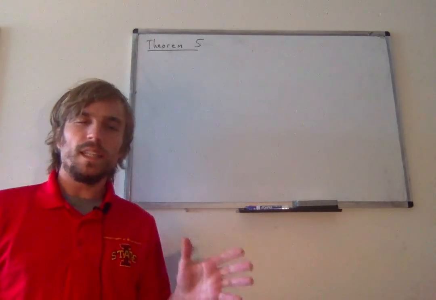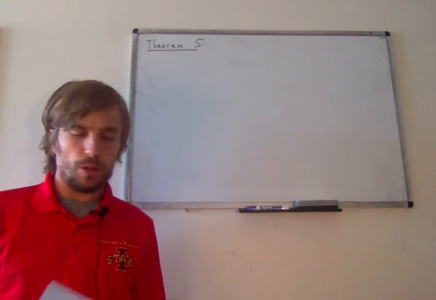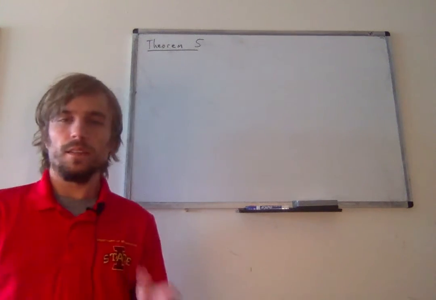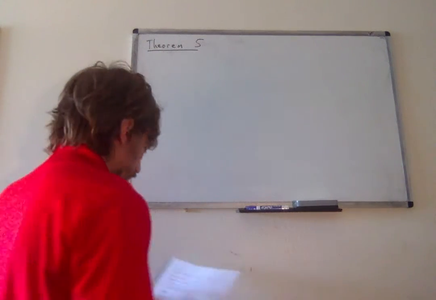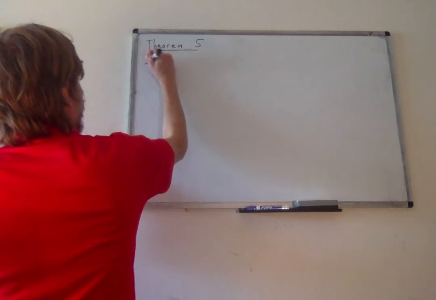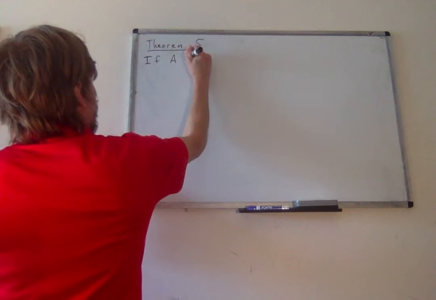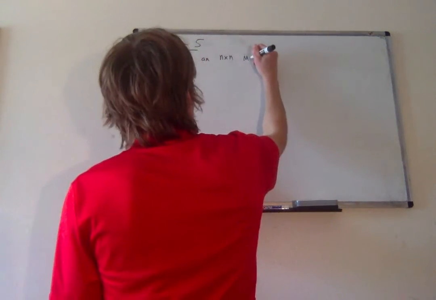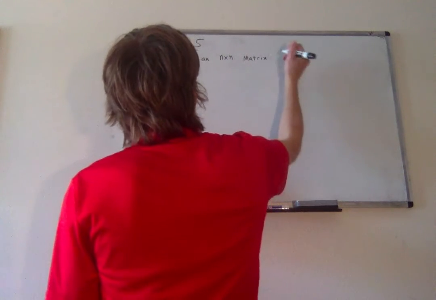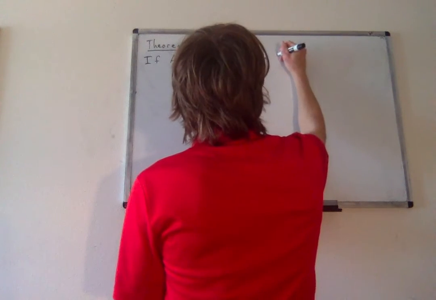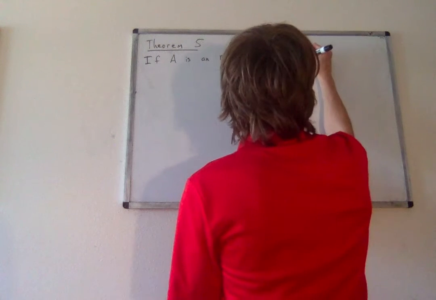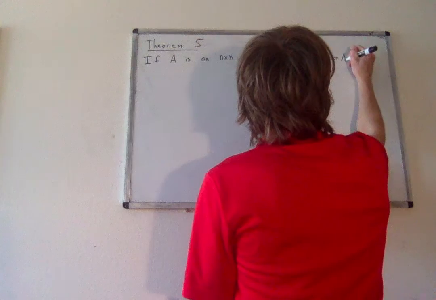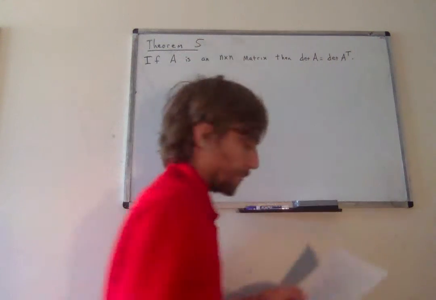Depending on what I need to put in the third video for this section, I may or may not also include it. Well, certainly there'll be a solution in the worksheet, but I might talk about it more later on. But this theorem just states that if A is an n by n matrix, then the determinant of A is equal to the determinant of A transpose.